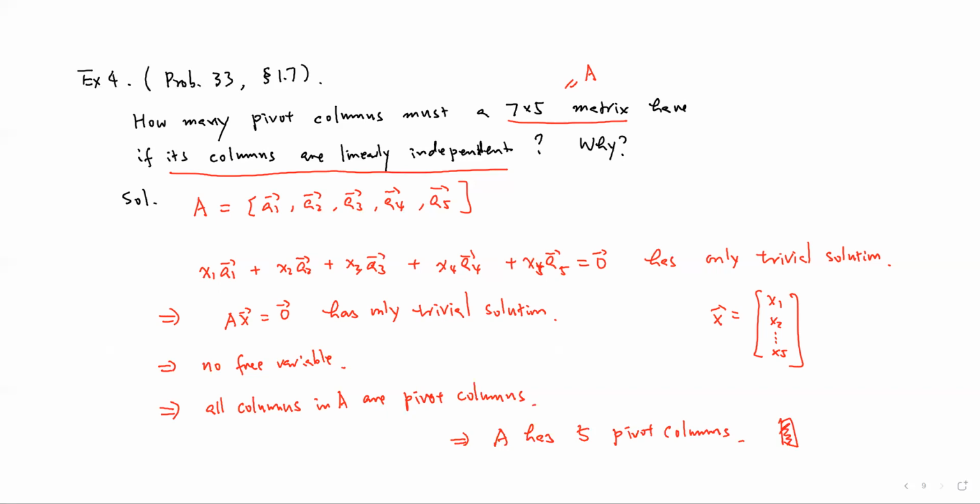This is section 1.7. Then section 2.1. What is 2.1 about? Matrix operations. How many matrix operations? Summation.